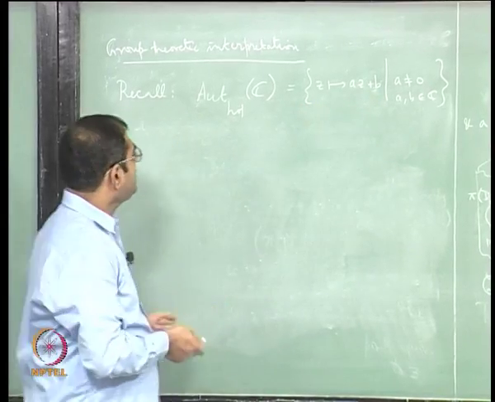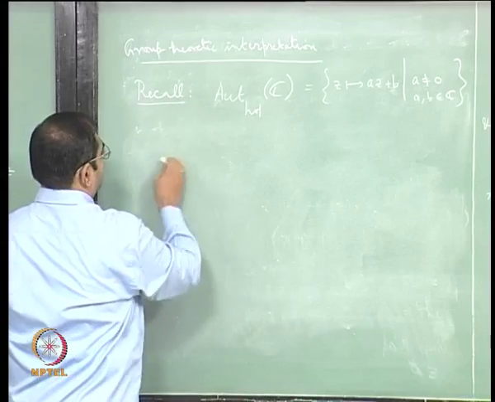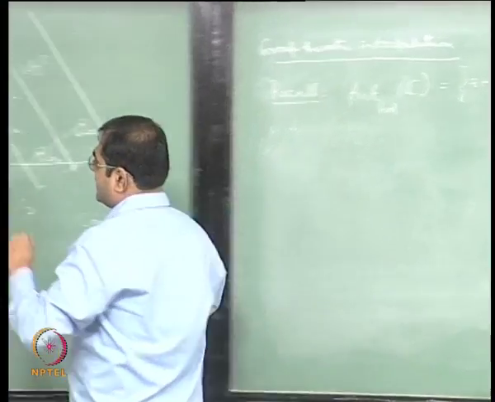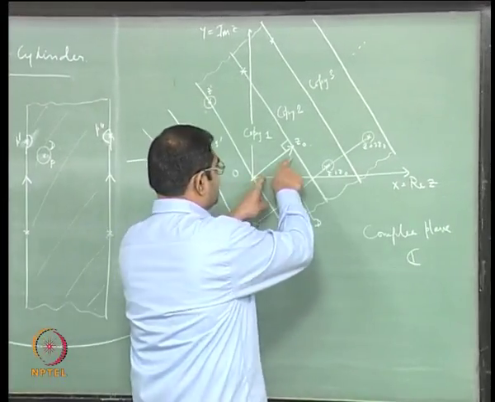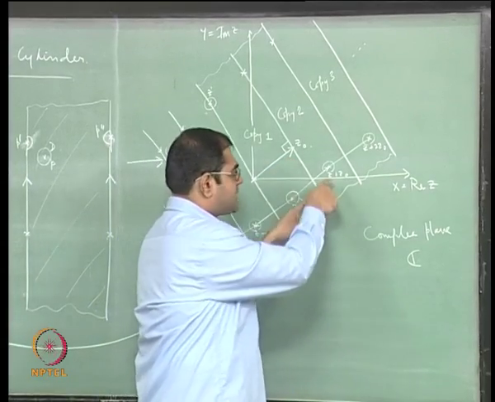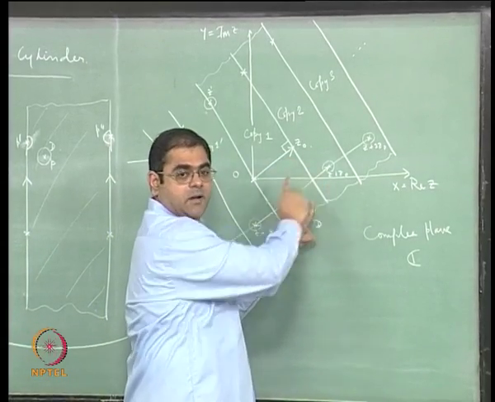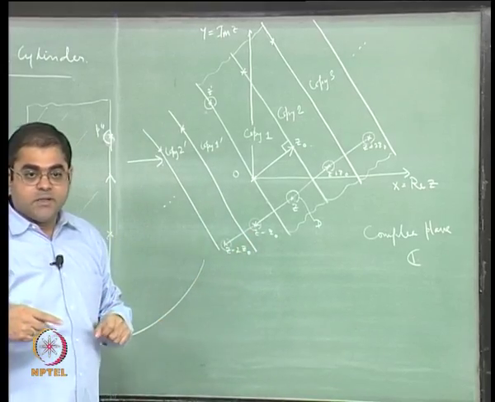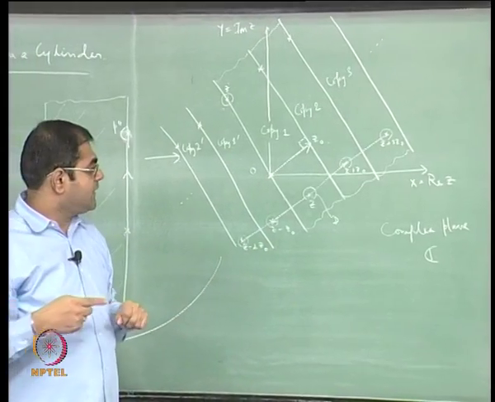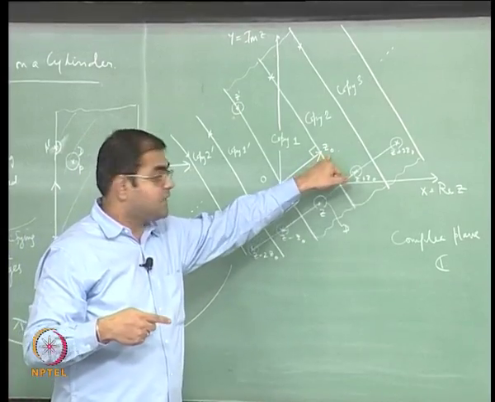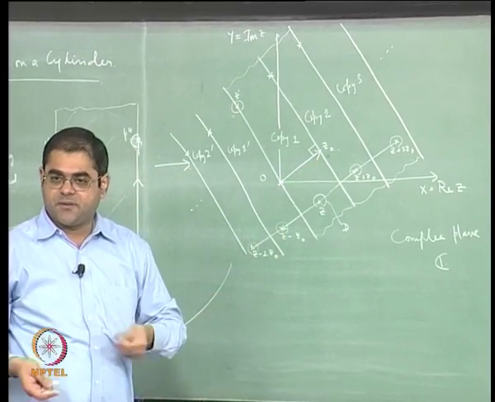Okay, now what I am going to do is that I fix this vector z0 and I was looking at translations by z0, or rather translations by integer multiples of z0. So instead of looking at z0, I look at the translation by z0.